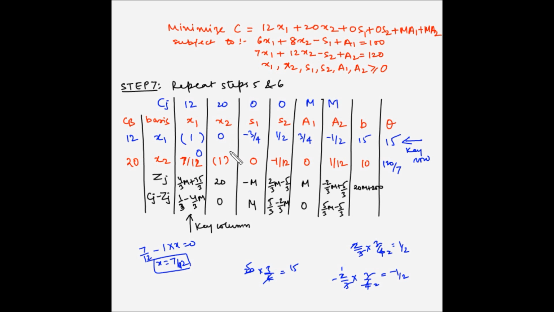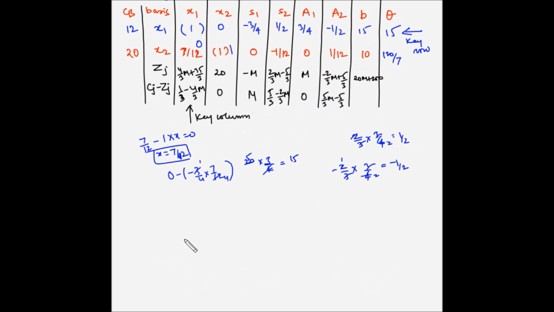Now for column x2, 0 into 7 by 12 is 0, and 1 minus 0 is 1. For column s1, 0 minus 3 by 4 into 7 by 12. 3 1s are 3, 3 4s are 12. So this becomes minus minus plus. So 1 into 7 by 4 into 4. So this becomes 7 by 16.